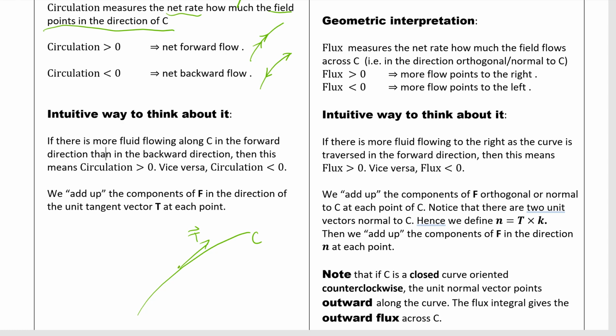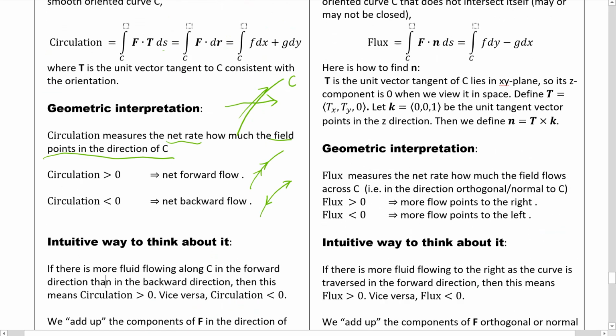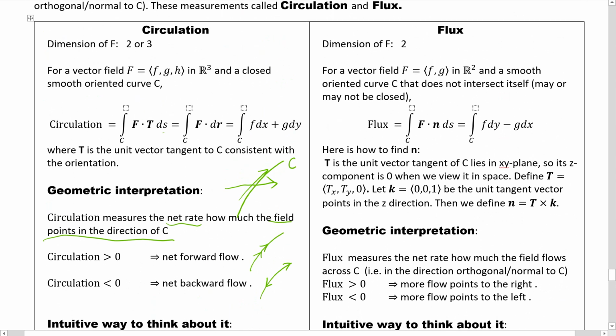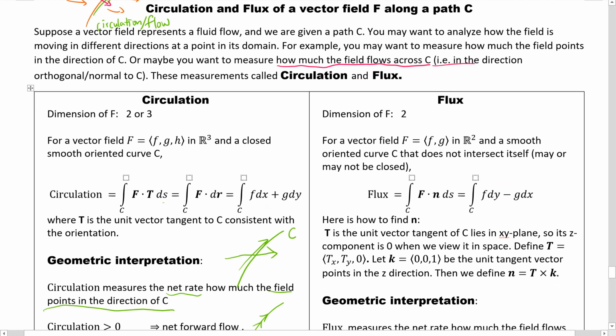Okay, and how about the other way? Flux. Okay, so here for flux, we have 2 dimensions. We also have the 3-dimensional flux, but it's not for a curve, it's for a surface. Think about it. If we have dimension R2, then we have a curve. We can talk about the vector field in the same direction, or we can talk about the vector field in the orthogonal direction, right?